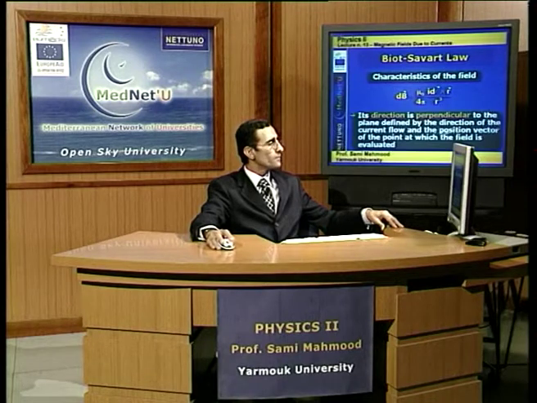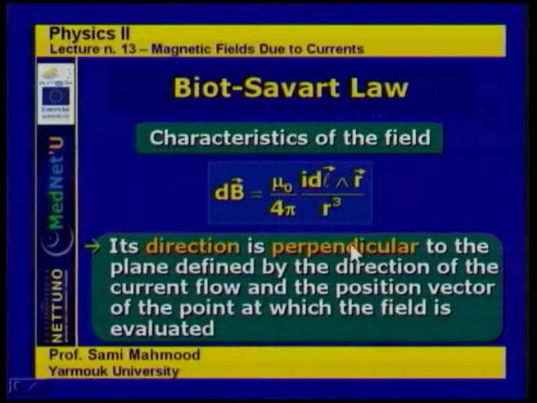And also the direction of the field, which can be seen from the formula, is perpendicular to the plane that is defined by the direction of the current, dl, and by the position vector, r, to the point at which we are evaluating the magnetic field.